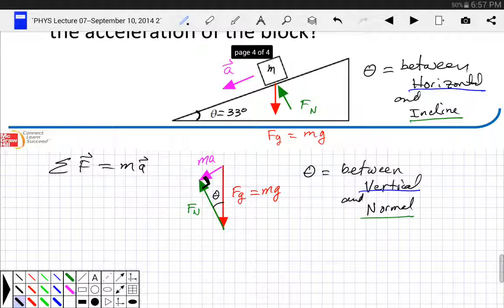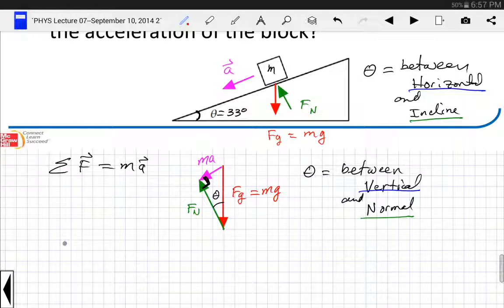So using my trigonometry, opposite over hypotenuse: sine of theta is equal to my opposite side, which was ma, divided by the hypotenuse, mg. Lo and behold, the masses once again cancel. I gave you the mass, but it didn't matter. And I have sine theta is equal to a over g.